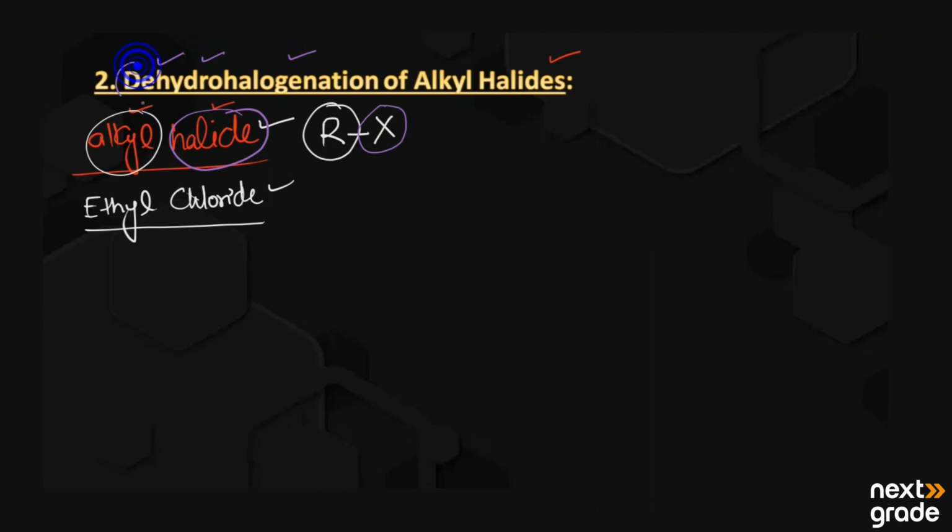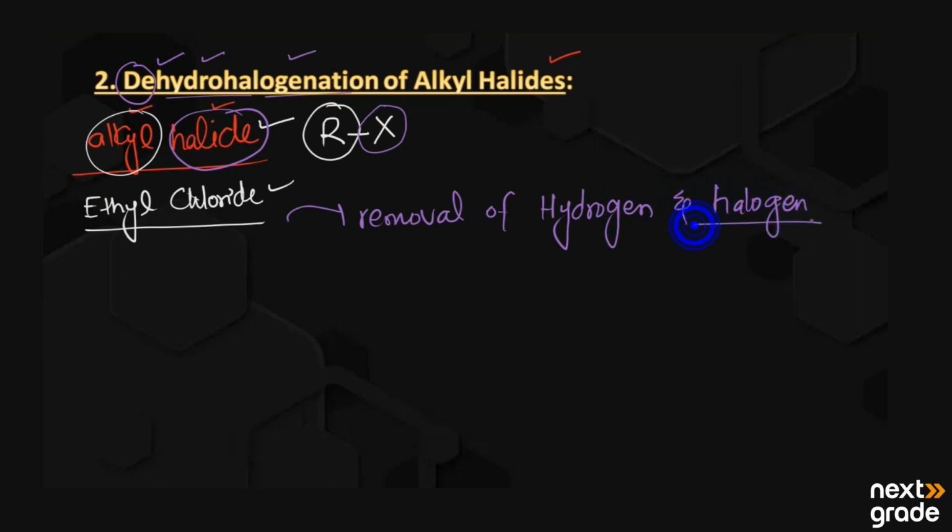Dehydrohalogenation means there is a removal of a hydrogen atom and a halogen atom. The halogens are the four elements fluorine, chlorine, bromine, and iodine.